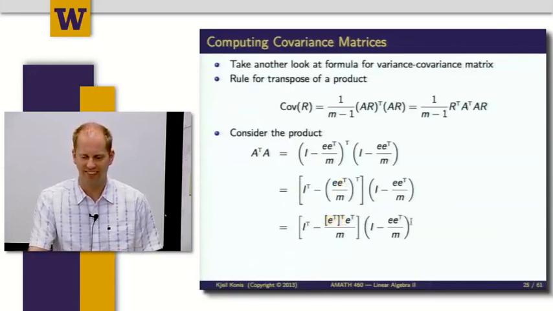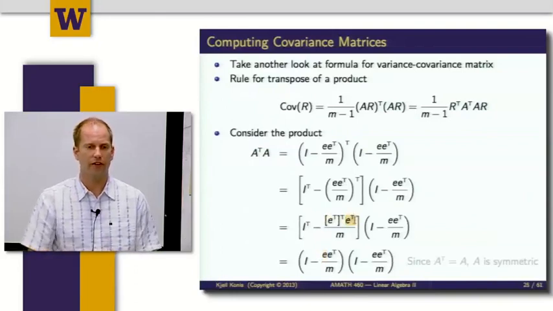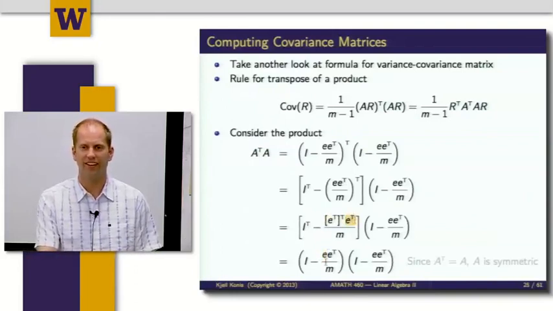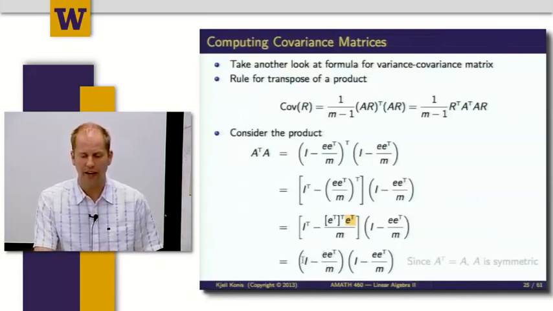Sorry, E transpose just becomes E. And then I had this E transpose that I'll carry down. And what do I end up with? I have I minus EE transpose over M, which is A.